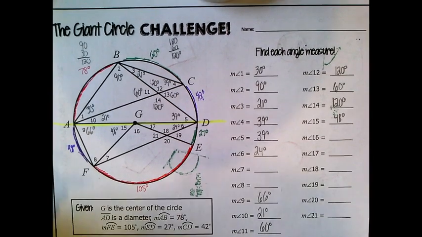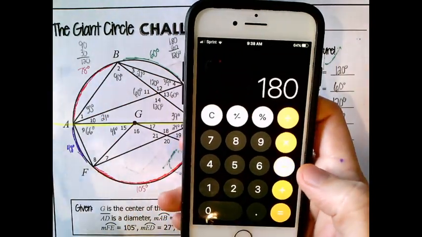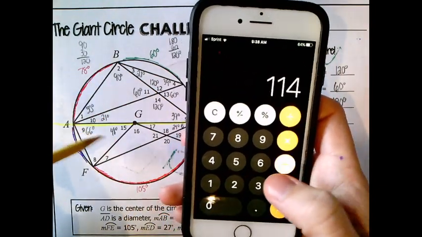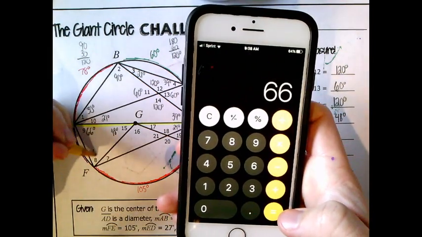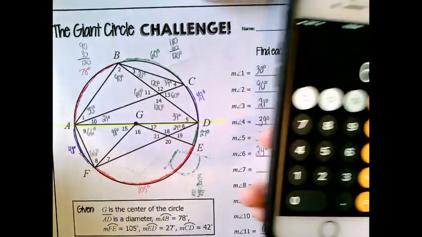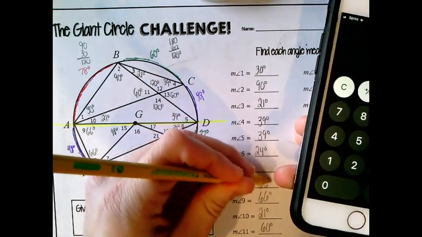Well, now we can go back and find angle 8. This is a triangle. So if I start at 180 and I minus 66 minus 48, that's 66 degrees as well. That's an isosceles triangle. So angle 8 is 66 degrees.